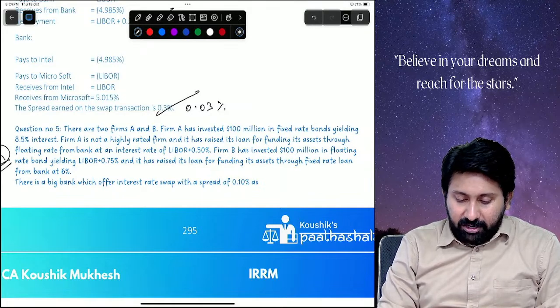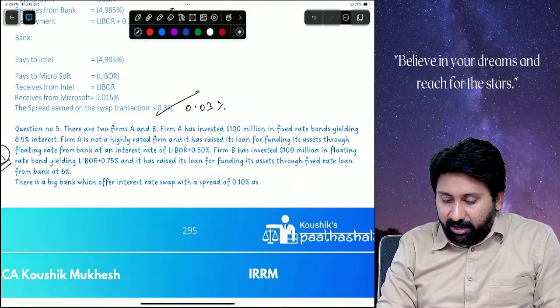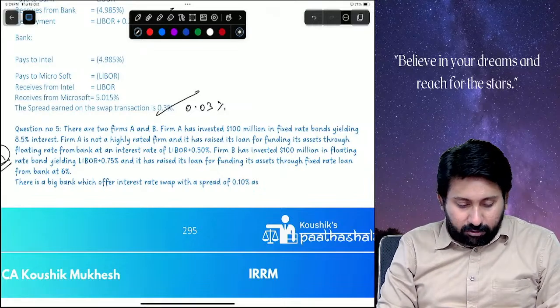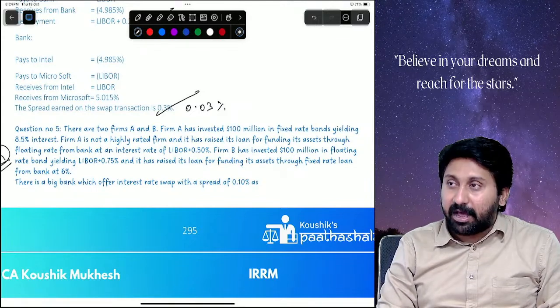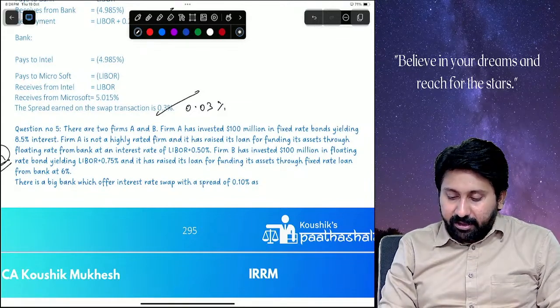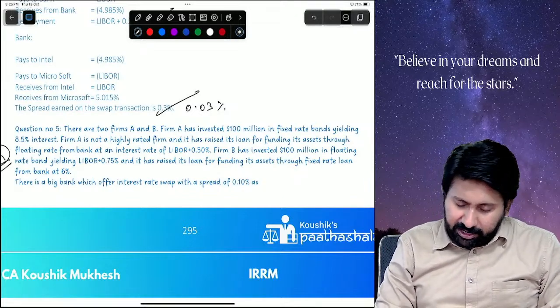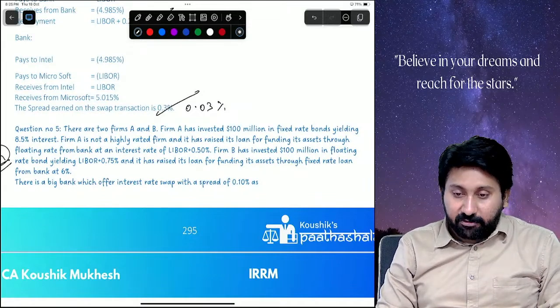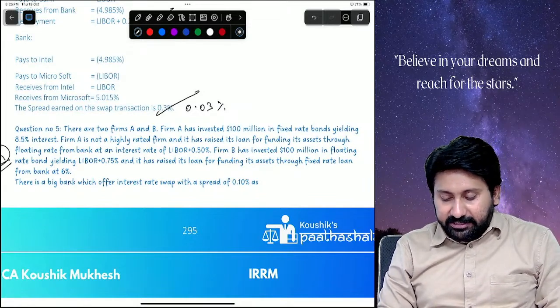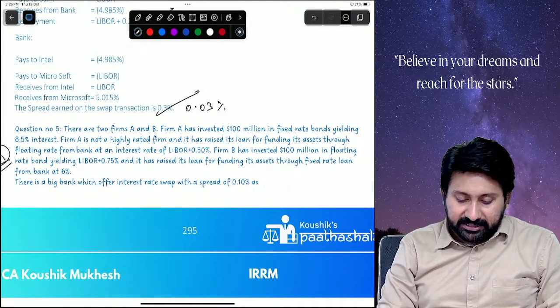Firm A is not a highly rated firm and it has raised its loan for funding its assets through floating rate from the bank at an interest rate of LIBOR plus 0.5%. Firm B has invested the same $100 million in a floating rate bond yielding LIBOR plus 0.75% and it has raised its loan for funding its assets through a fixed rate loan from a bank at 6%.